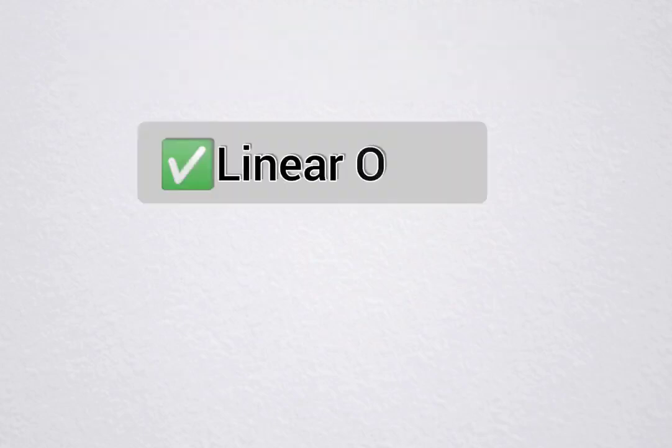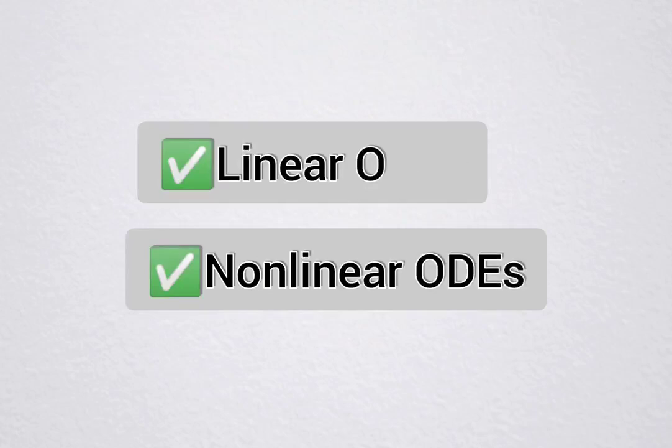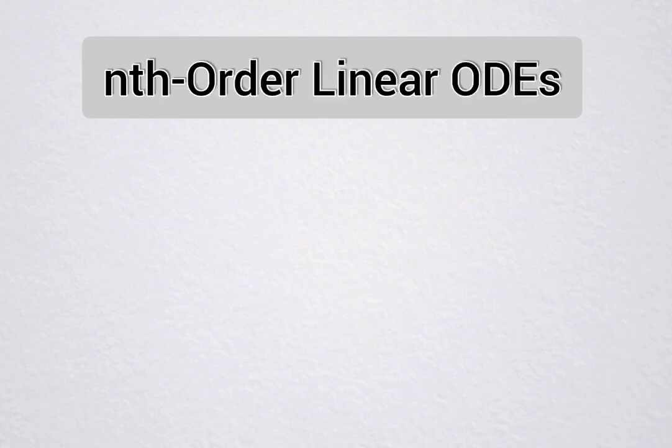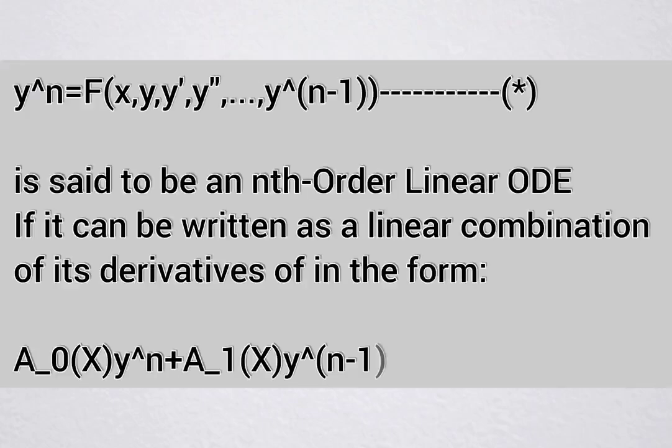Now to the classification of ODEs. Ordinary differential equations are classified into linear ODEs and nonlinear ODEs. Nth order linear ODE. Now the general form of an ODE, y^(n) is equal to f of x comma y prime comma y prime prime comma dot dot dot comma y^(n-1).